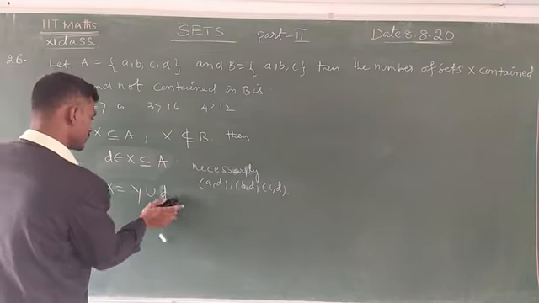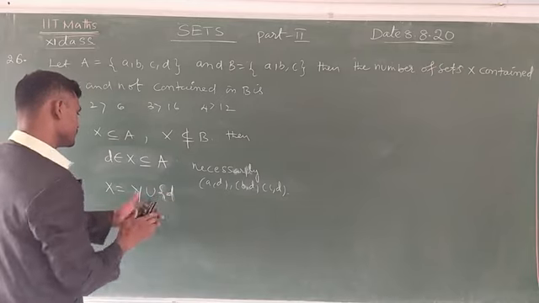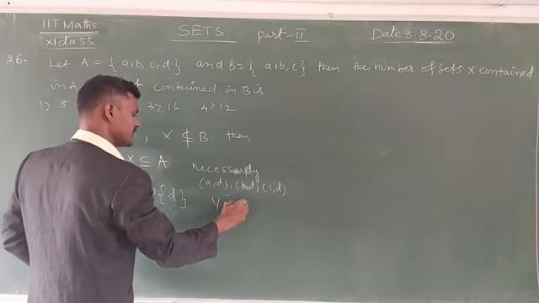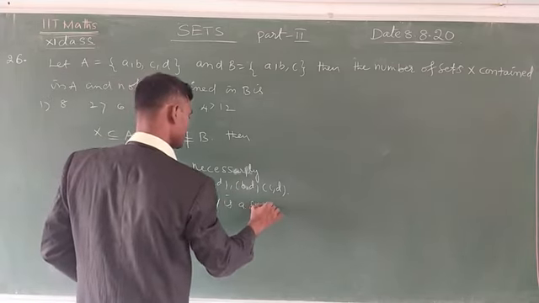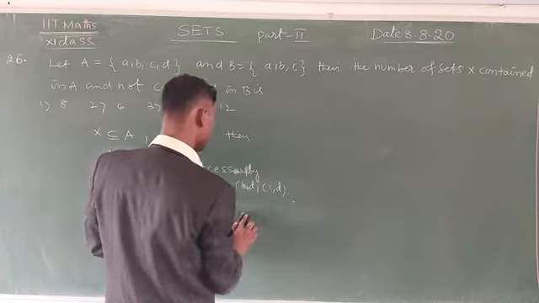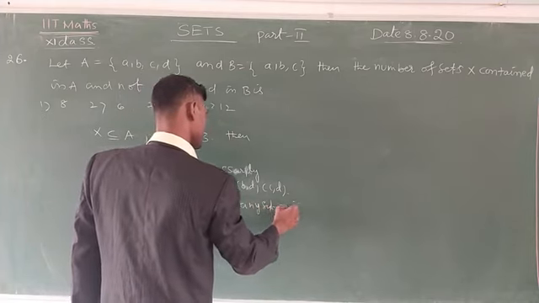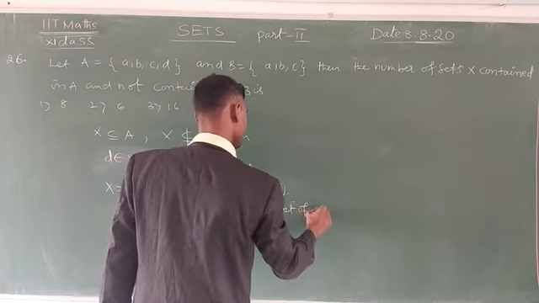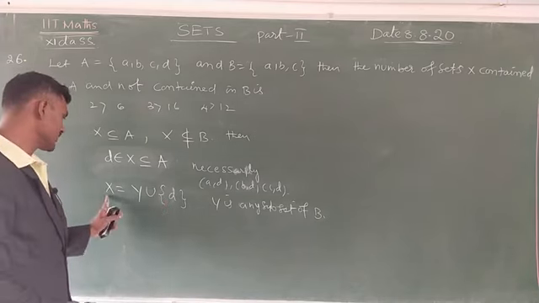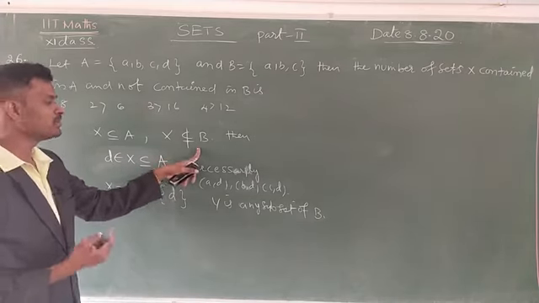Okay, now X is equal to Y union {d}. Here Y is any subset of B. Here Y is any subset of B and including d, it is equal to X. That's why X is not a subset of B. Maybe B is a subset of X, possible.